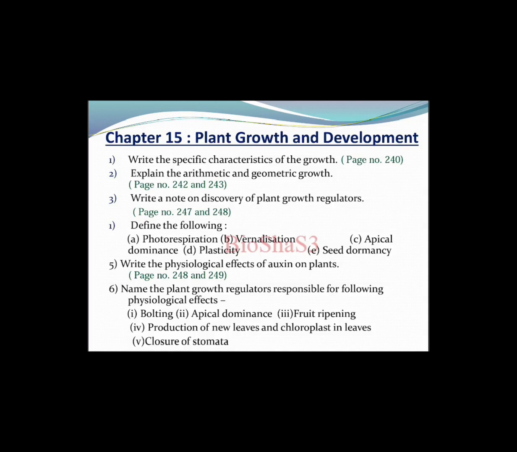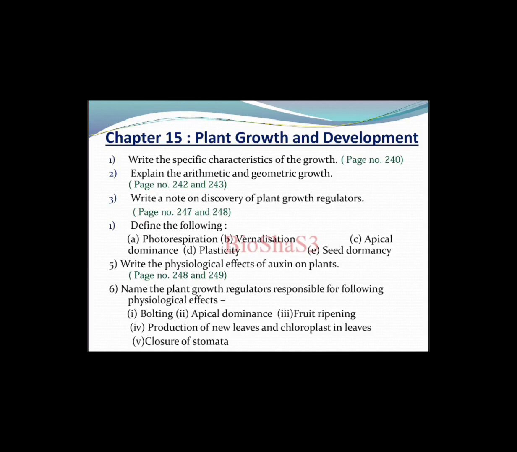Then write the physiological effects of auxin on plants. You know that there are 5 hormones which play a vital role in plants. At least study the physiological effects of auxin.